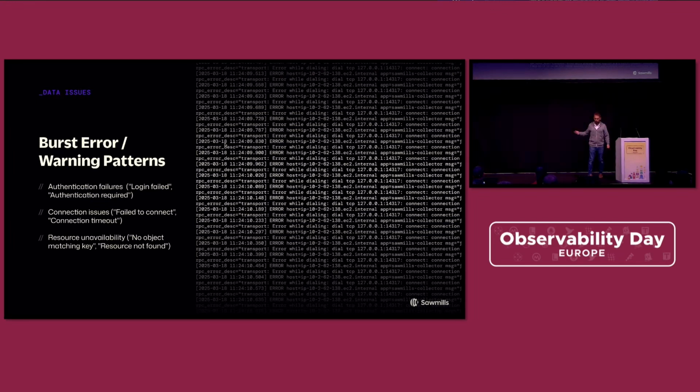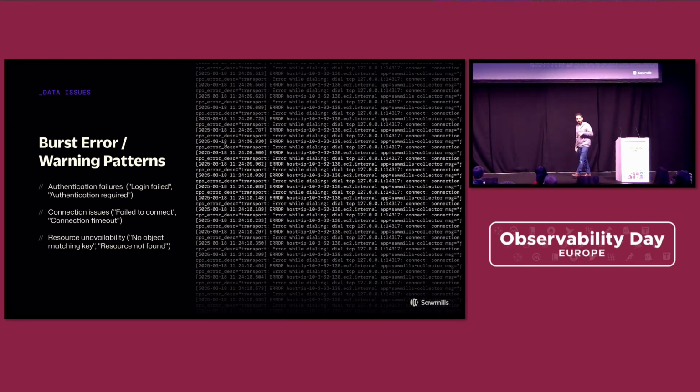So first problem, and I'm sure a lot of you have seen this: the burst of a repetitive log line, either a warning or an error message. It could be an authentication issue, service unavailable, or a connection issue. Very repetitive, doesn't include any new information across these log lines, pollutes your database, masks a lot of the issues. Again, goes back to the needle in the haystack.